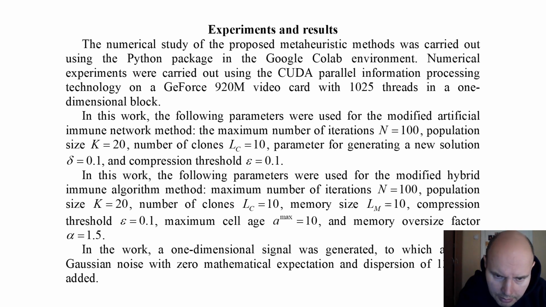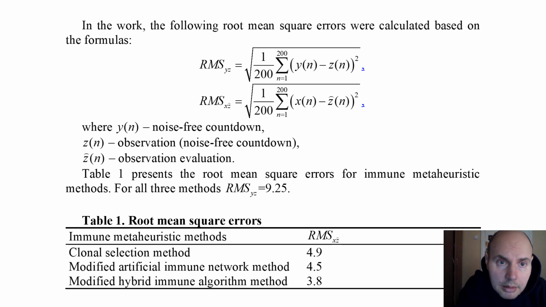In the work, a one-dimensional signal was generated with added noise with zero mathematical expectation and a given dispersion. The root mean square errors were calculated based on the formulas.